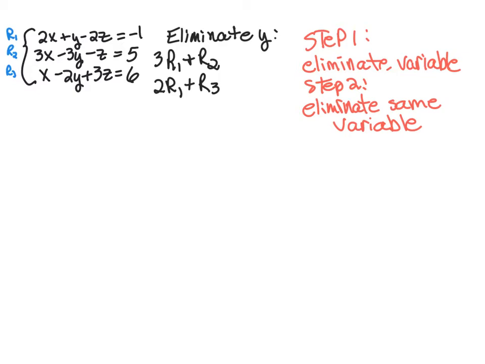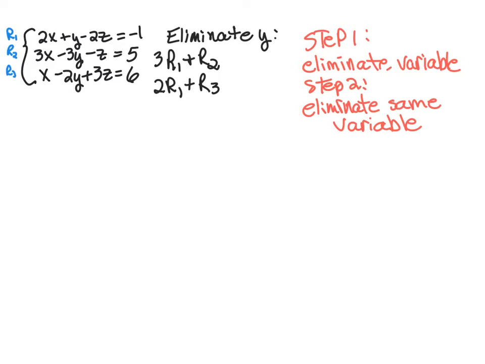So the first thing I'm going to write, I'll do my busy work in blue here. The first thing I want to write is 3 R1. So taking row 1 and distributing a 3, multiplying this whole thing by 3. You've got to multiply both sides of the equal sign so you still are equivalent.